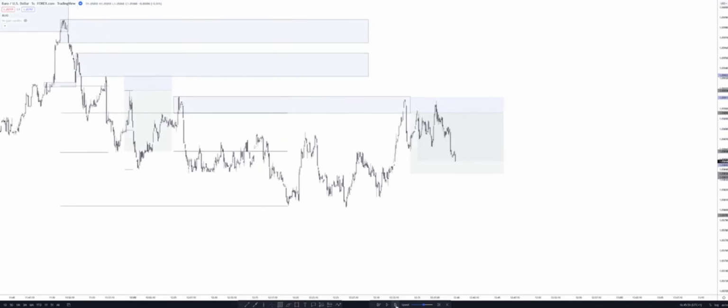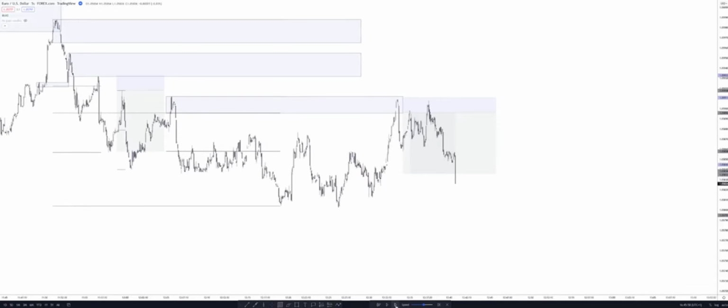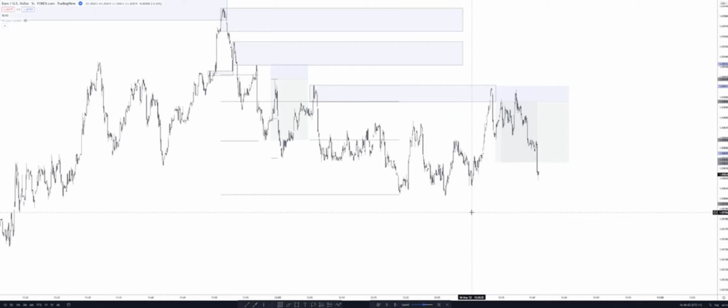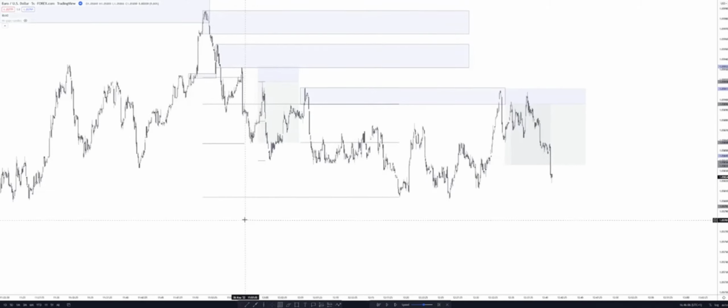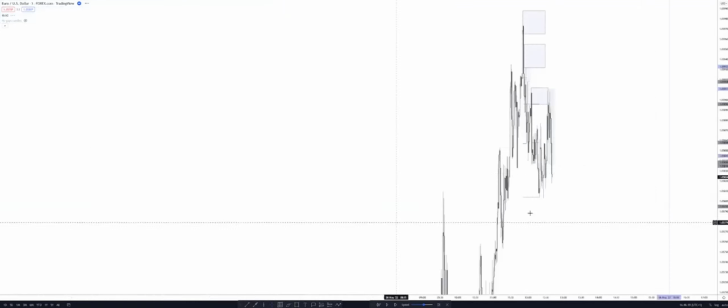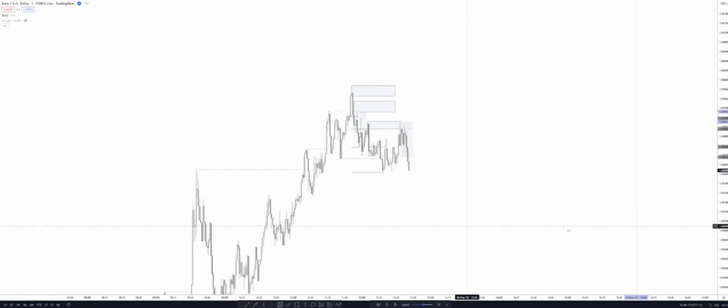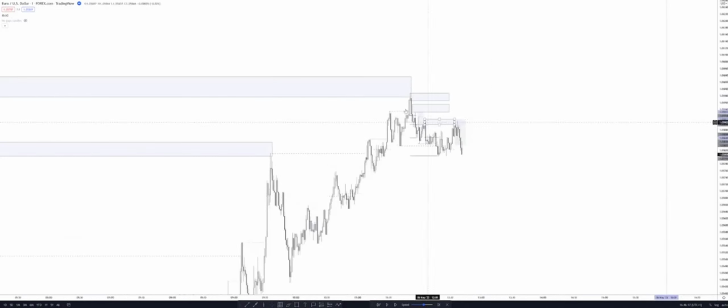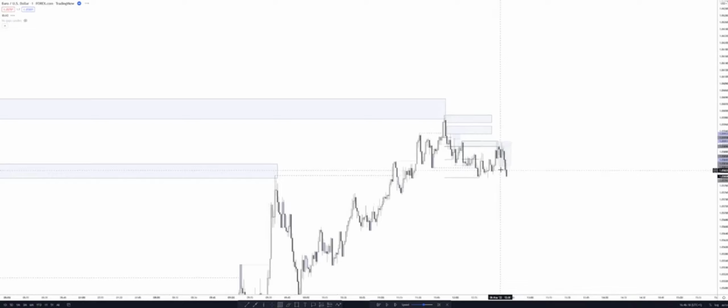Could have had a 1 pip stop in the end. Then we got to risk free at that point. Okay, so 2 potential entries there you could have taken that were completely valid and high probability looking at these zones.